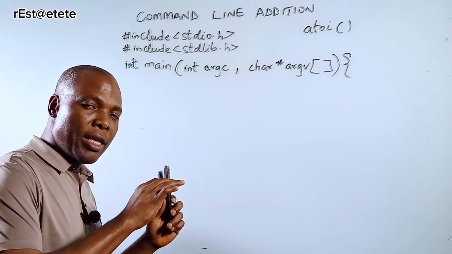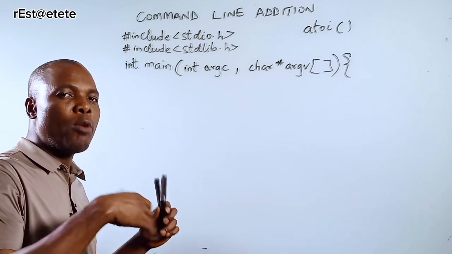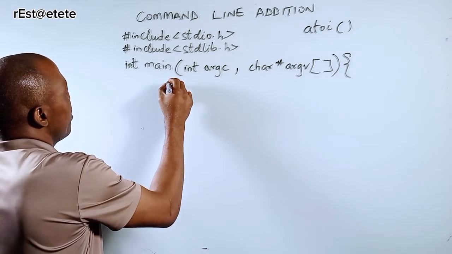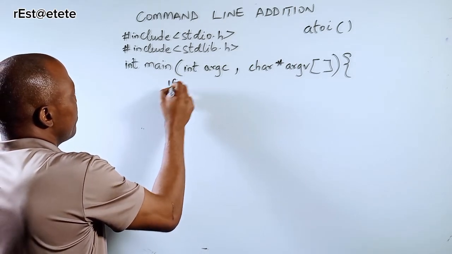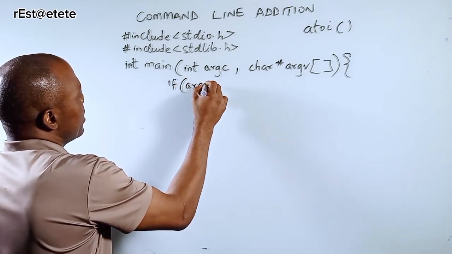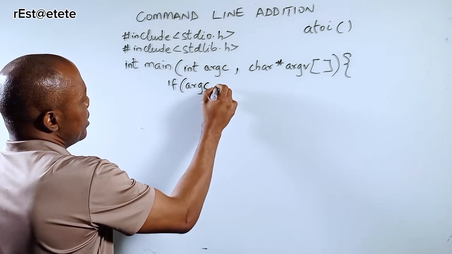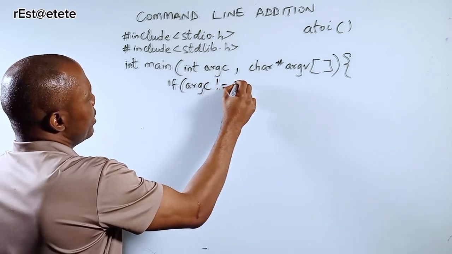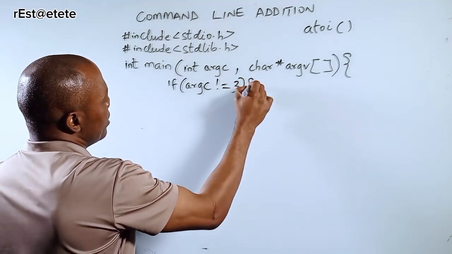Then plus the program name, that will be three parameters. So what I will write, I will say if, I will use my if condition, if argc is not equal to 3, right?